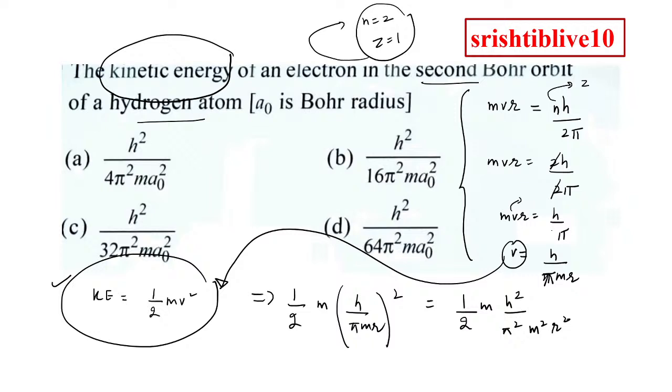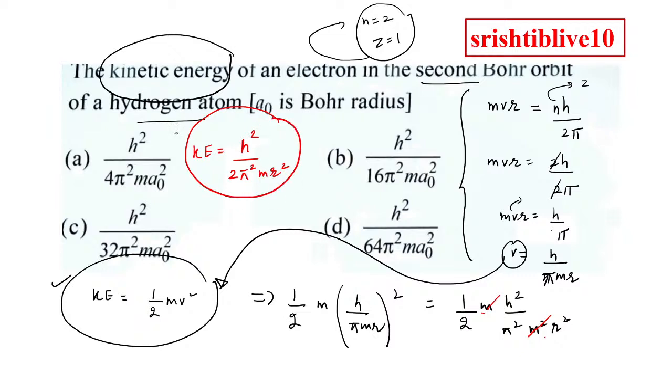Great. So now the next thing is, what is the final formula? This one mass and this one mass will be cancelled out. So kinetic energy is equal to, we are left with h square by 2 pi square m r square. Yes or no? We are left with this expression of kinetic energy.